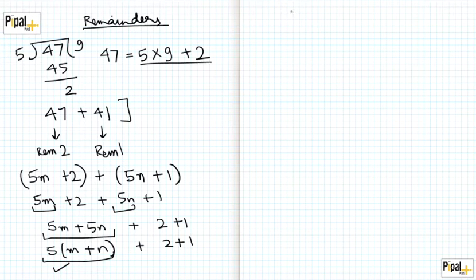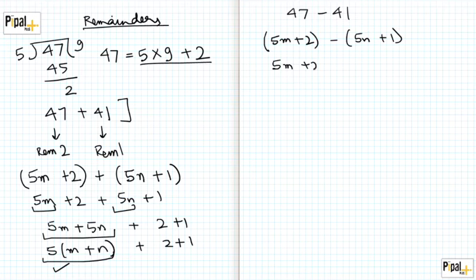I need to find the remainder when 47 minus 41 is divided by 5. Now 47, like I said, is 5m plus 2 because the remainder is 2, minus 5n plus 1 because 1 is the remainder. So I get 5m plus 2 minus 5n plus 1, which is 5 times m minus n, plus 2 minus 1.